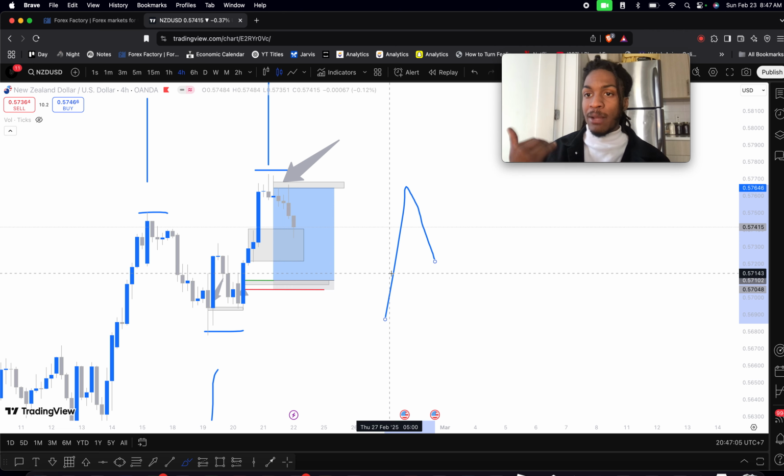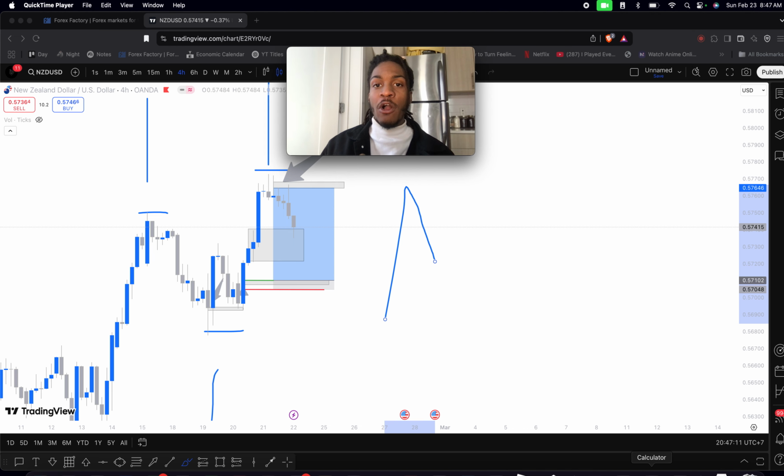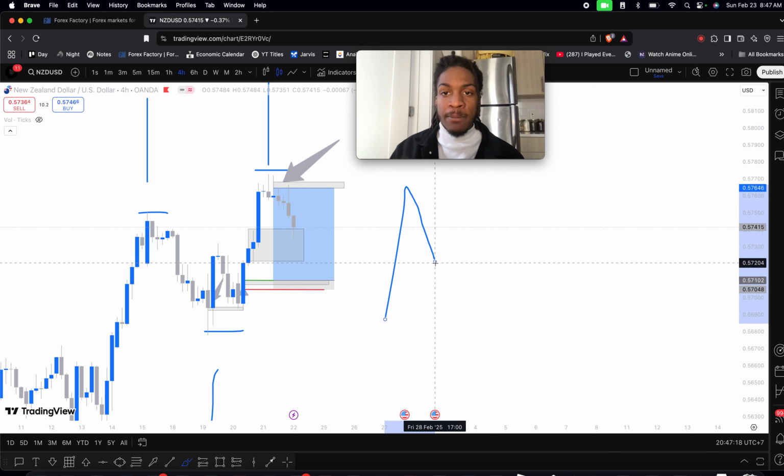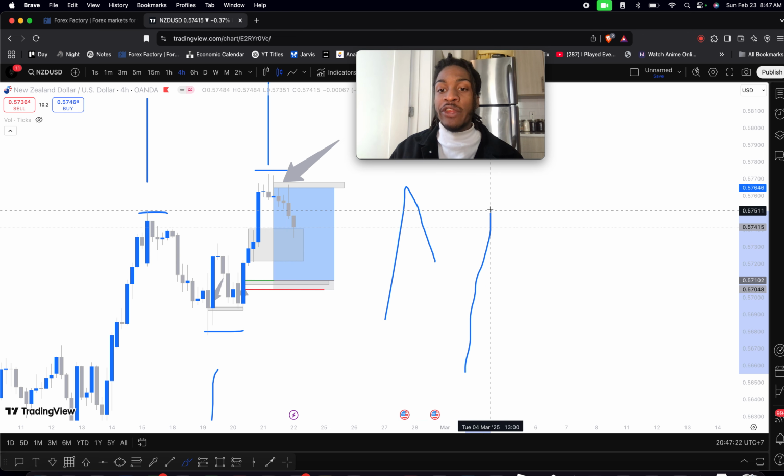The whole point of my strategy is I'm always basically entering off of the pullbacks and retracements. So if there is no retracement, I'm not going to enter. Most people try to enter on the impulse.